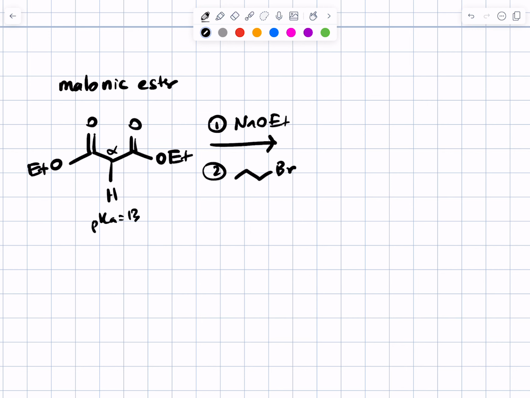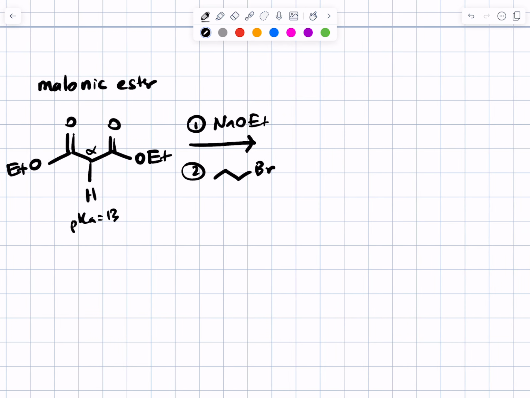That's enough for 100% deprotonation, followed by SN2 reaction, alkylation on the alpha carbon to give you this molecule with 3 carbons.